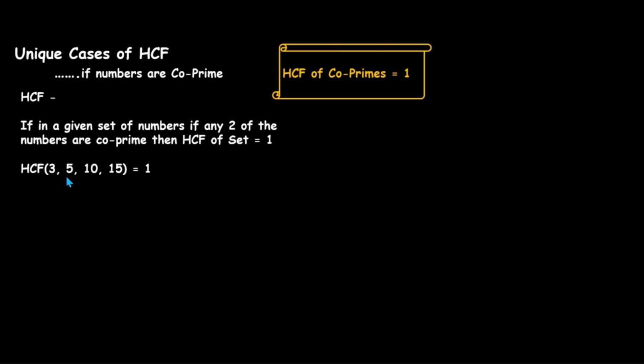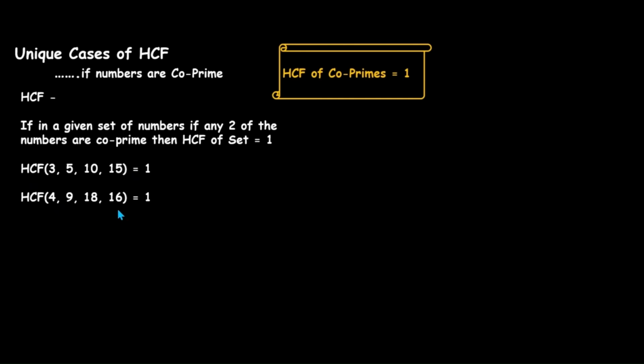Though 3 is a factor of 15, and 5 is a factor of 10 as well as 15, we need not calculate the prime factorization and then further calculate HCF. 3 and 5 are co-primes and their highest common factor is 1, so the entire set's highest common factor would be 1.